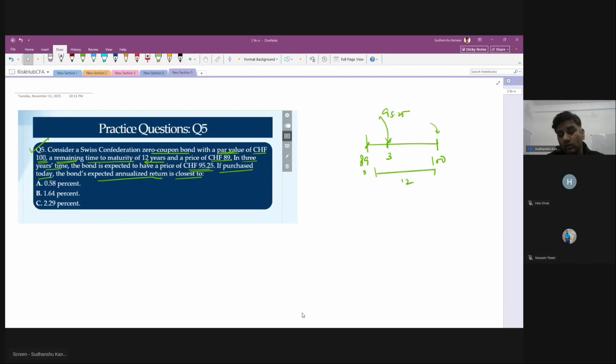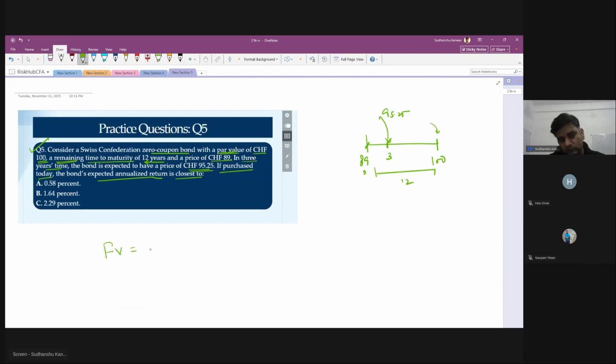Now the only question is whether there is any way I can figure this out. If you apply a first principles approach, very simple first principles approach, the logic is that you take your future value.